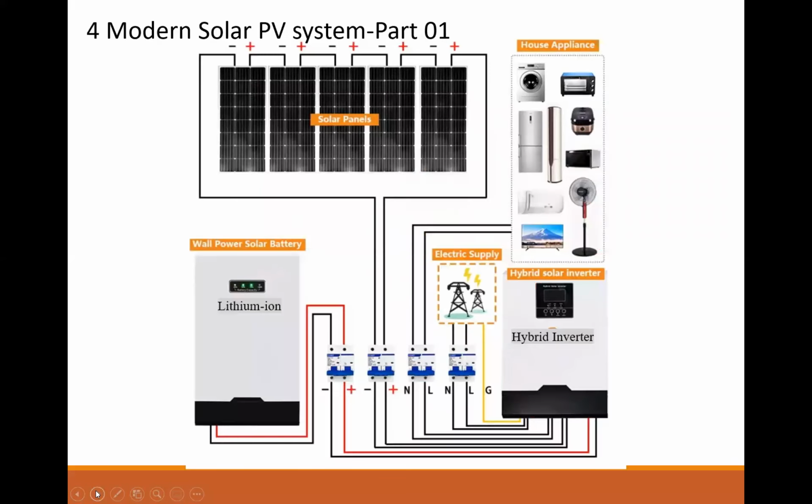In the previous video, as a complementary part of the energy storage, I've actually shown a lithium-ion assembly example. So here we see that we have got a low power solar battery, which is lithium. And then we have got a hybrid solar power system inverter, which has got an inbuilt charge controller.